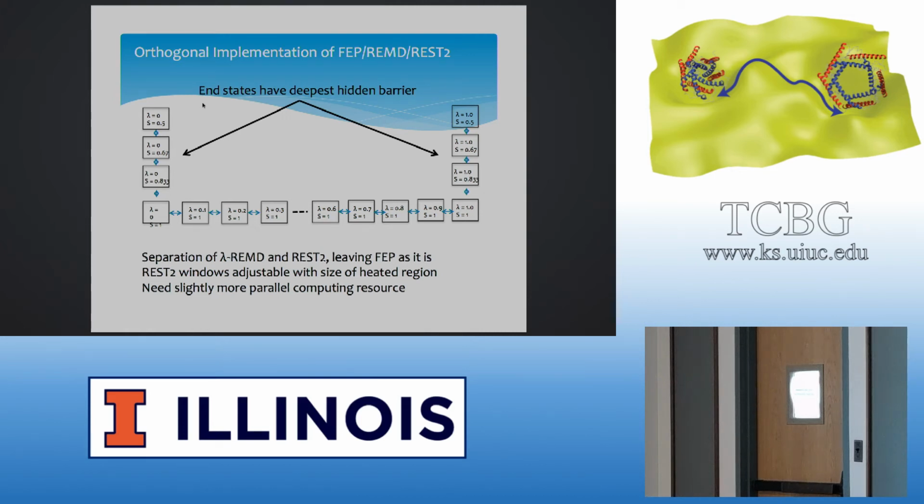The communication is performed along this chain, so effectively they form a 1D replica exchange. This is the separation of lambda exchange and REST2, leaving the FEP as it is.